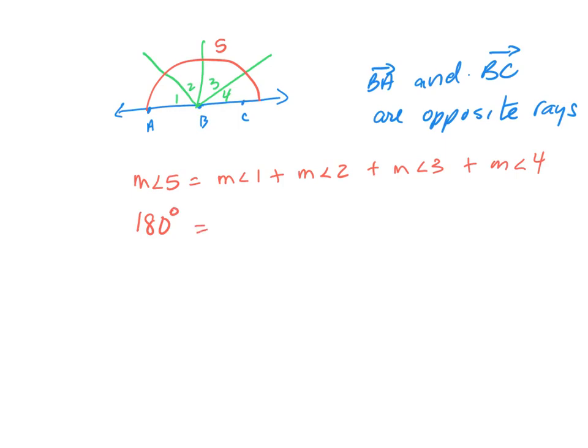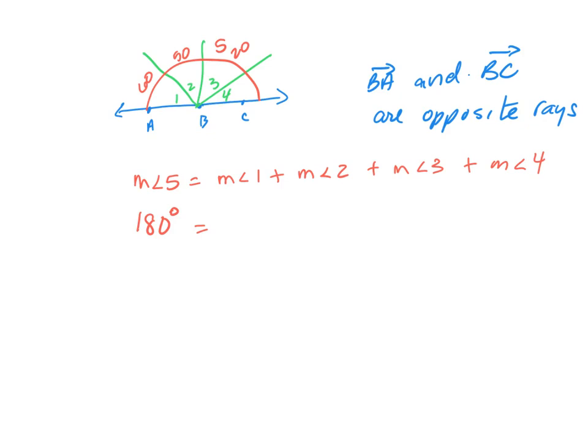So if we're given 3 of these angles, let's say we're given 50, 60, and 20, we can figure out what angle 4 is because we'd be adding those up and subtracting them from 180, okay?